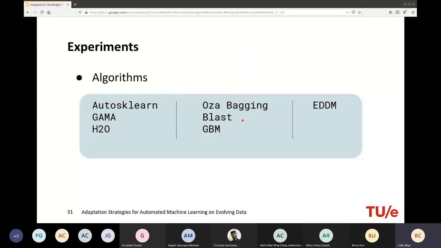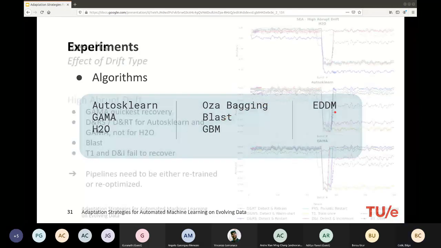And I think you are probably already familiar with Bagging, but it's an extension of bagging and boosting algorithm and simulates the drawing with replacement by retraining the classifiers multiple times on the new data. We also included GB as a baseline for incremental learning and EDDM as the drift detector.